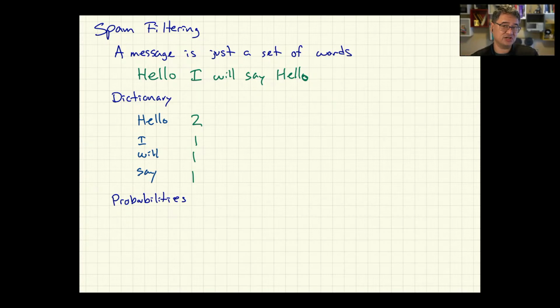It doesn't have a real dictionary, one with a comprehensive list of all possible words. All it has is the words that it sees. So if this message with these 5 words was the only message the spam filter had ever seen in its entire life, then it calculates probabilities based upon just that one message.